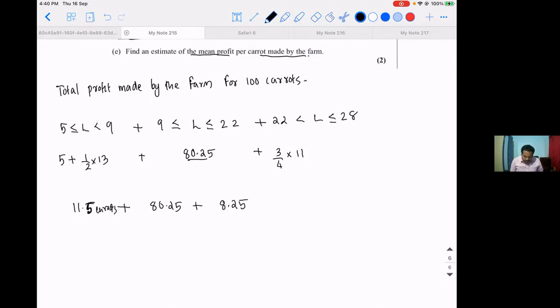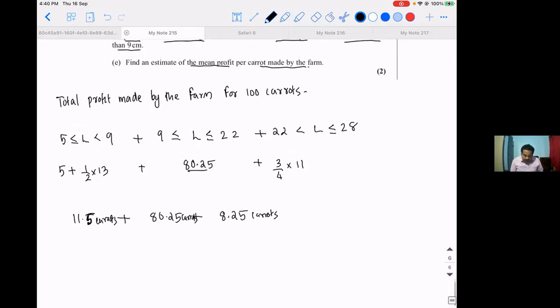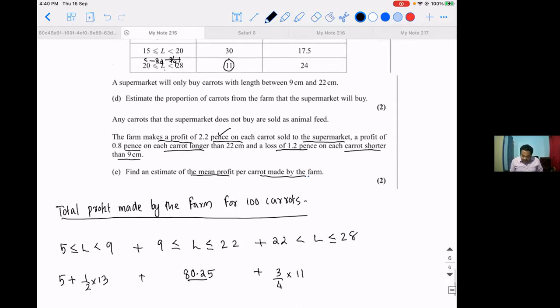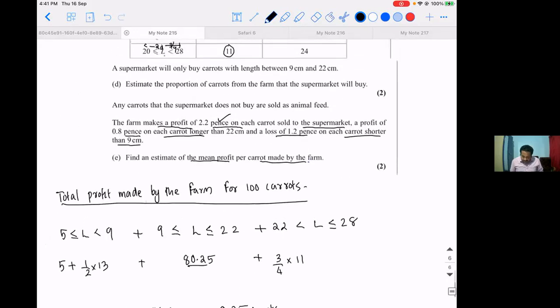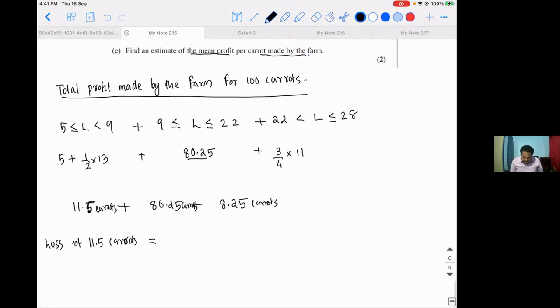And you might be wondering, sir, why we are calculating this? Because our aim is to find the total profit. So we know that any carrot that falls under 5 to 9 is facing a loss of 1.2 pence. Therefore, the loss of 11.5 carrots is 1.2 multiplied by 11.5.